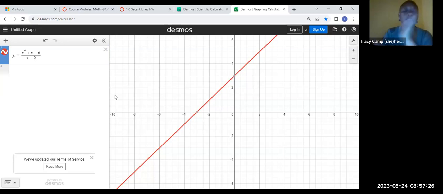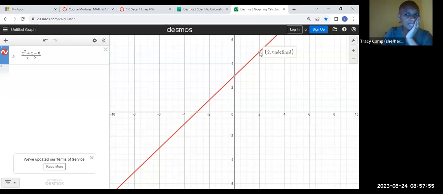So one thing I was saying earlier is that this will factor, x plus 3 times x minus 2, like the numerator will factor, and then the x minus 2 will cancel out. But one thing the graphing calculator doesn't really show you is that right here at the 2, that point that I'm pointing at right now, the function's undefined. The slope is undefined right there.